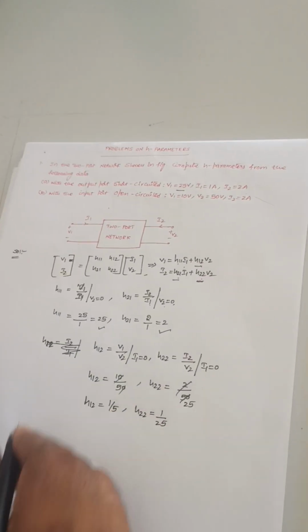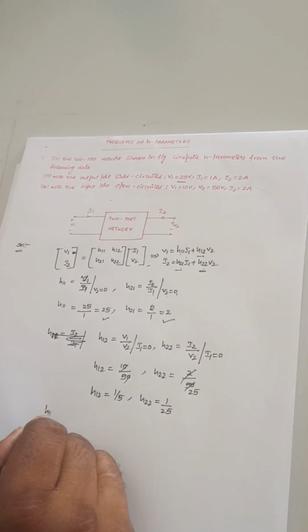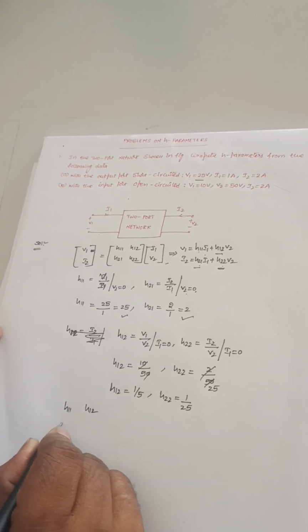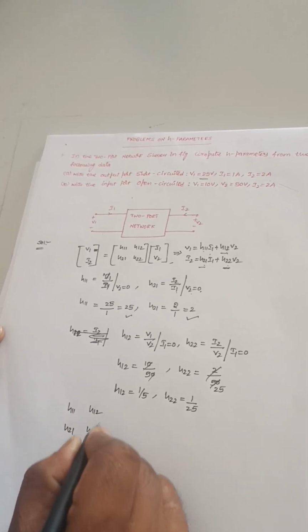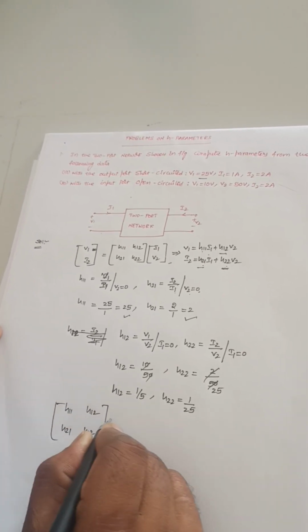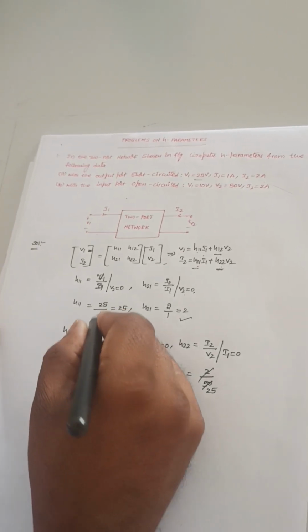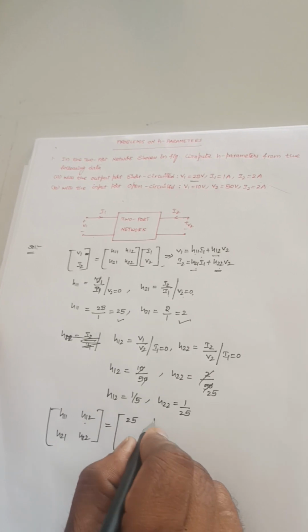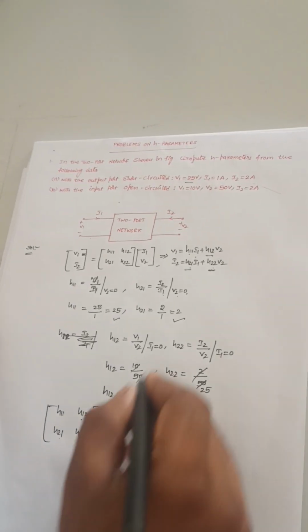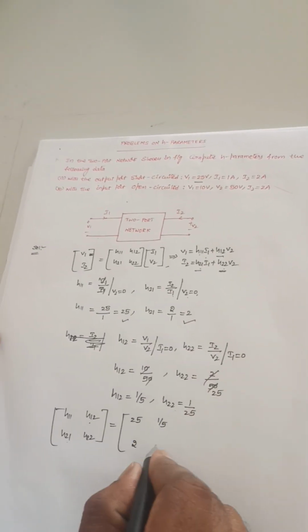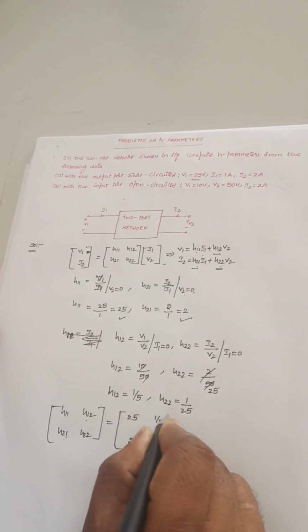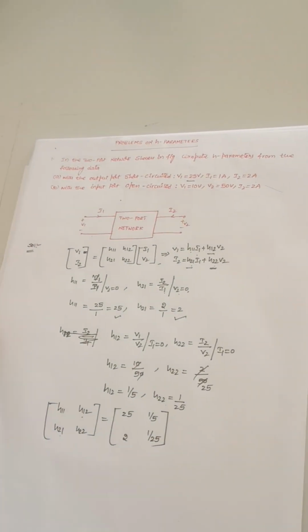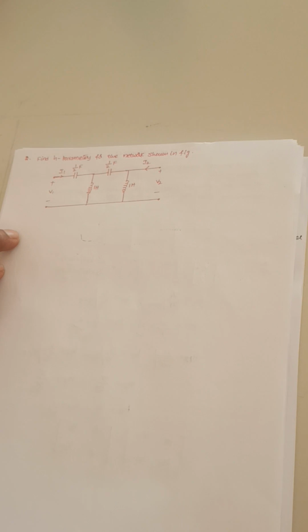If I write it in matrix form, H11 is 25, H12 is 1 by 5, H21 is 2 and H22 is 1 by 25. So this is how we need to solve this type of problem.